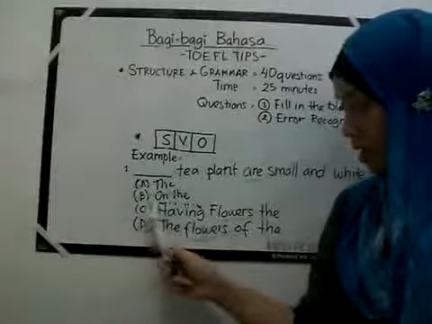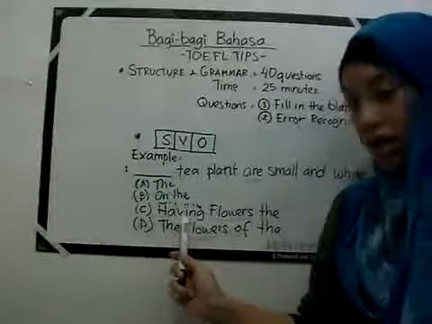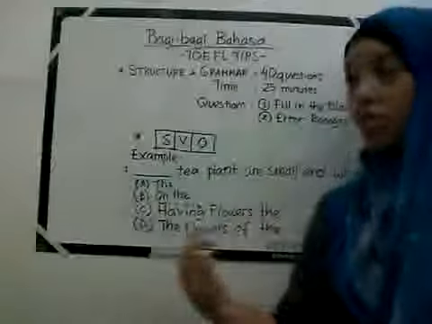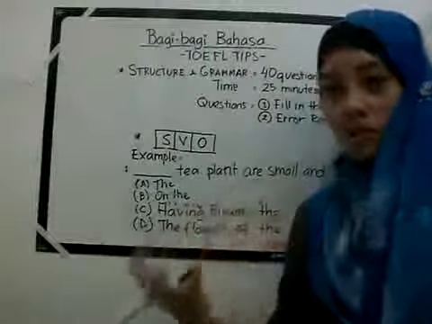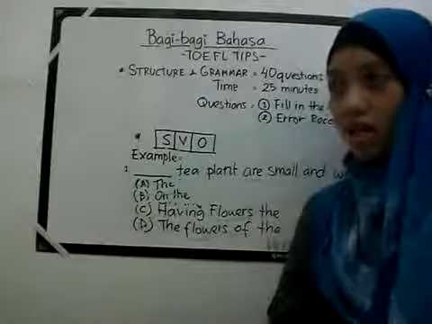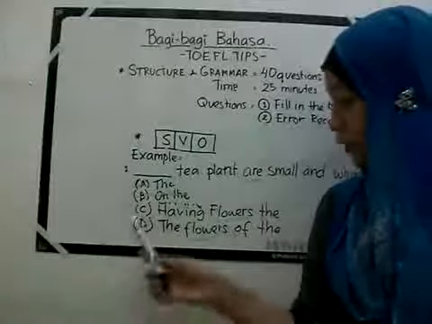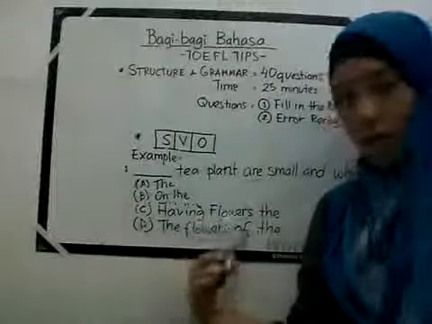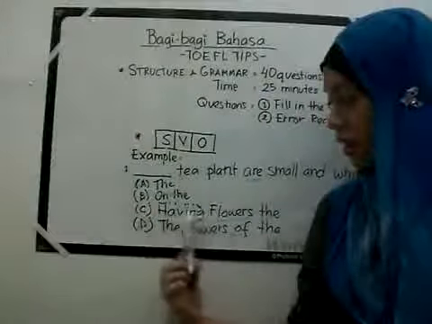But in C, we have "having", and "having" at the beginning usually is to begin a phrase, to begin a description, and you need a comma sometimes when you use "having".